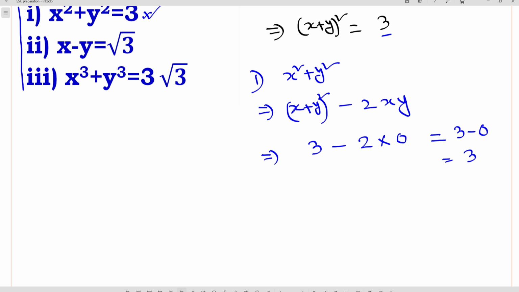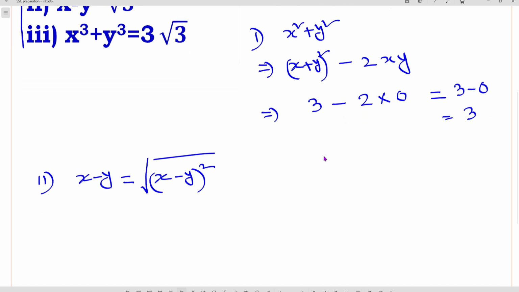Next, number 2, here is x minus y. We have to prove this one is root 3. How can we prove this one? We have no direct law for x minus y, but we can write (x minus y) whole square and take the square root, so the square root and square cancel out and we get x minus y.